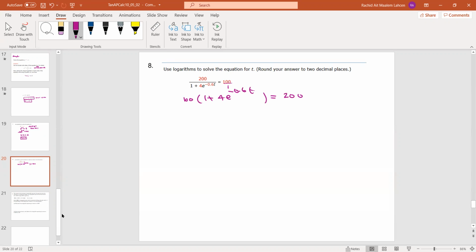And of course, here you can distribute, or you can just get rid of 100, because you know you're interested in having this, so the less the better. And we can subtract 1. You get 1, and we can divide by 4.